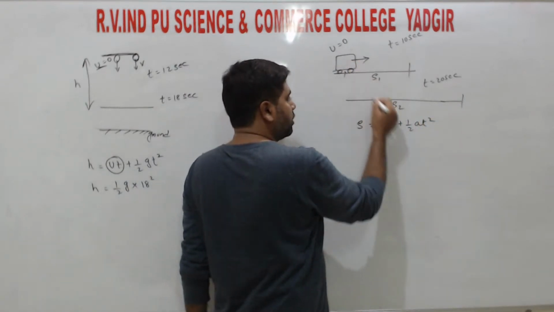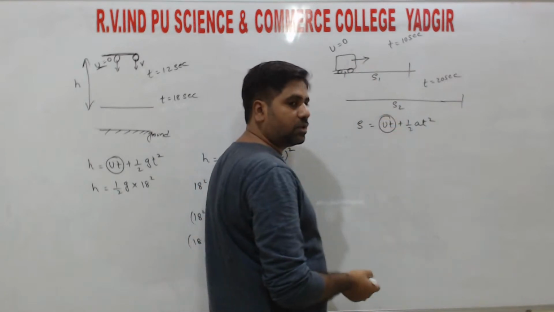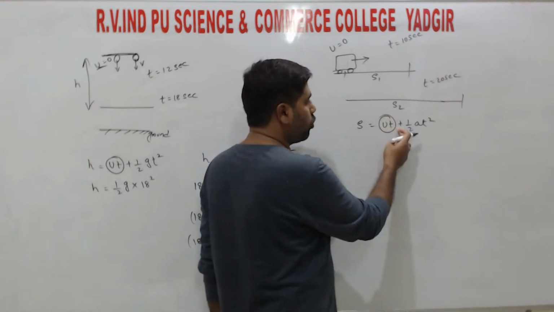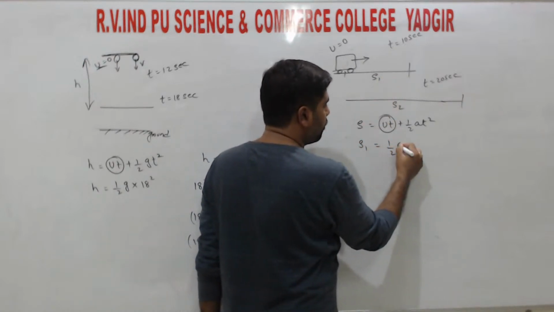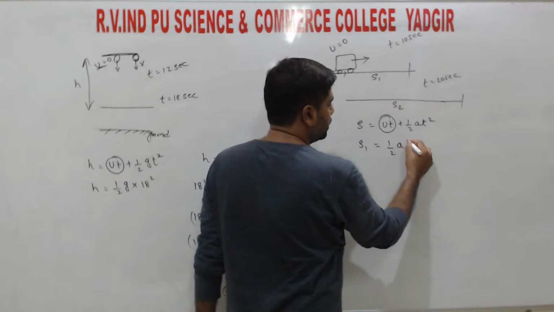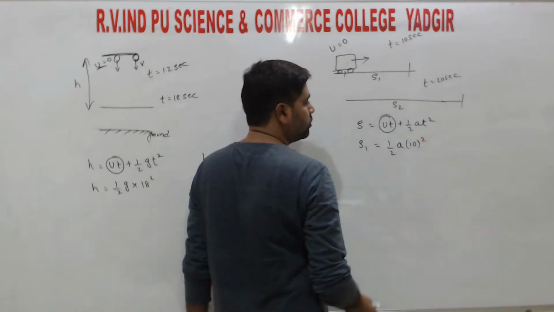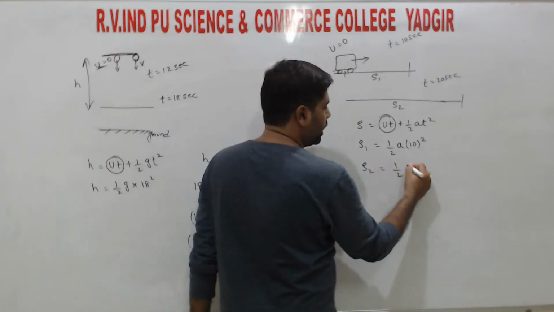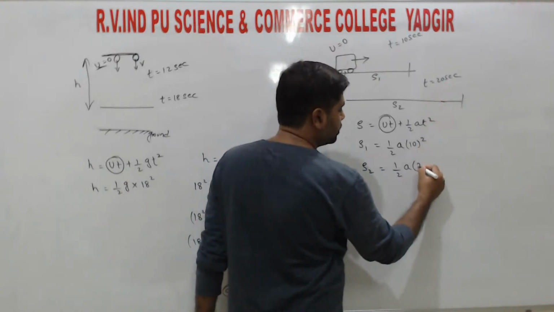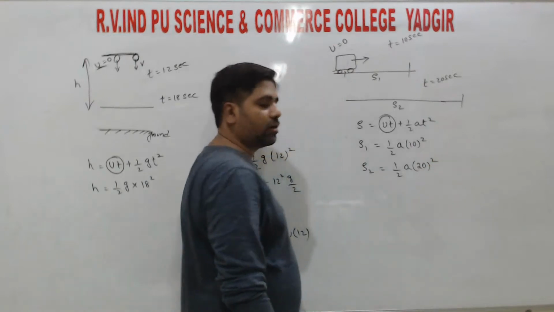So here in both the cases initial velocity u is 0, so this whole term becomes 0. So in the first case S1 is equals to half a into time 10 square, right? In the second case S2 is equals to 1 by 2 a into time 20 square, right?